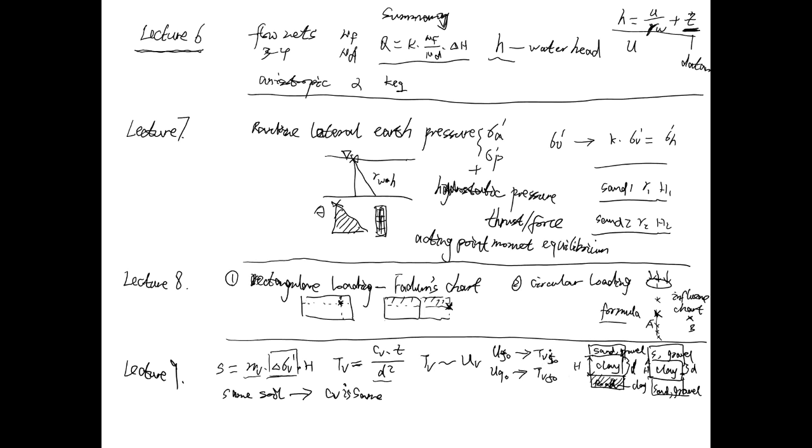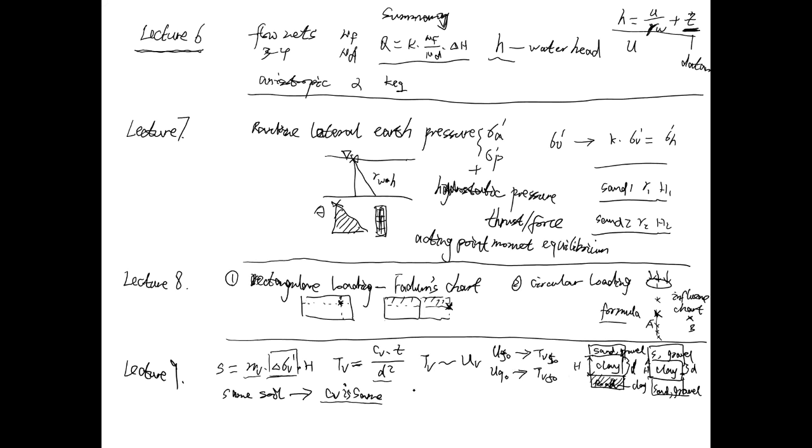Then you are required to calculate the time for the field sample to also reach 50% consolidation. Here we need to make use of the implicit information: for the same type of soil, the Cv is the same, so the consolidation coefficient will be the same. I remember we have one question for this, example 2 in lecture 9. You can go back and review that one.